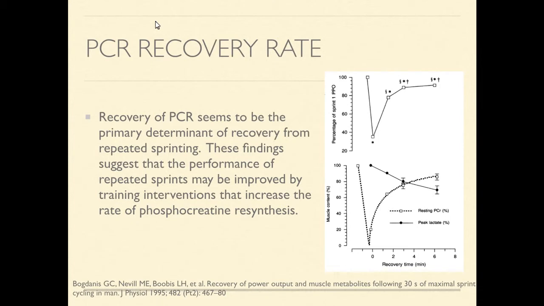So what's important is that recovery of phosphocreatine seems to be a primary determinant of recovery from repeated sprinting. Okay, so these findings suggest that the performance of repeated sprints may be improved by training interventions that increase the rate of resynthesis of phosphocreatine levels. That's very, very important to understand, right?